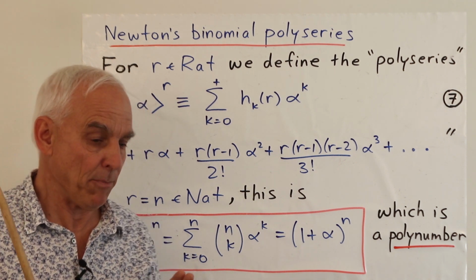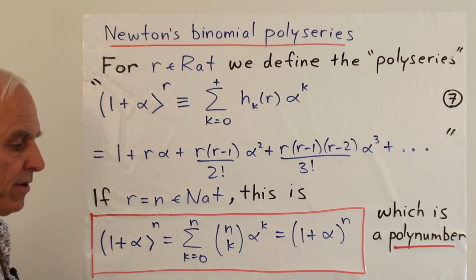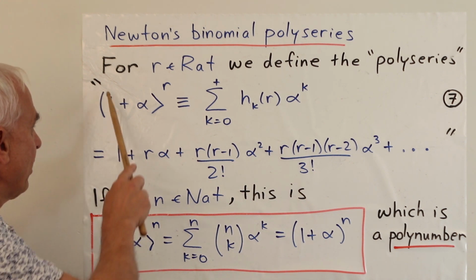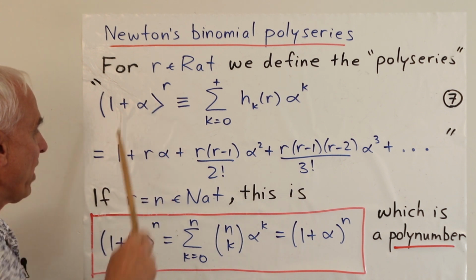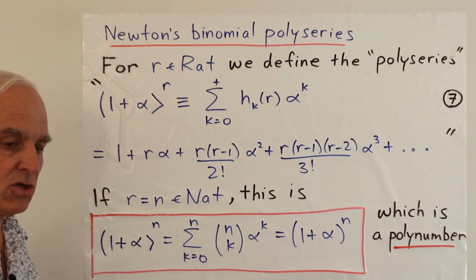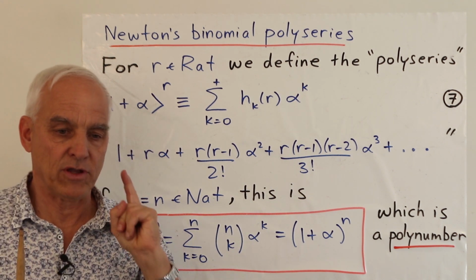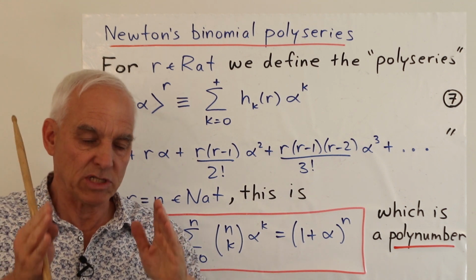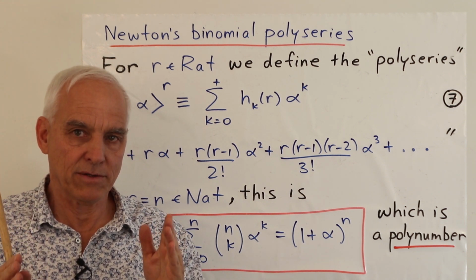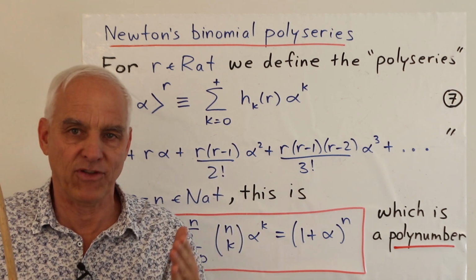It's something else, because there's a pointy bracket on the right. It's an ordinary bracket on the left, a pointy bracket on the right, 1 plus alpha inside, and an exponent r. I'm doing this because I do not want us to confuse this with the usual expression 1 plus alpha to the r. I do not want us to think that we're taking an rth power of something here.